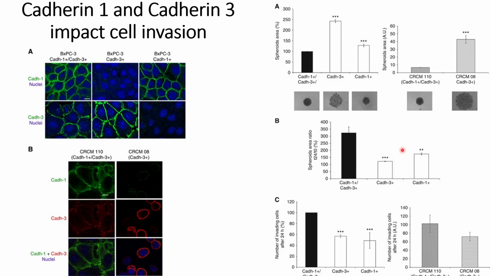Since cell-cell adhesion does not play a major role in these invasions, they point out that there might be some intracellular changes caused by the knockdown of one of the Cadherins, and that might be causing this decrease in invasion. Whereas when both of them are present, they see some synergistic effect that causes maximum invasion.